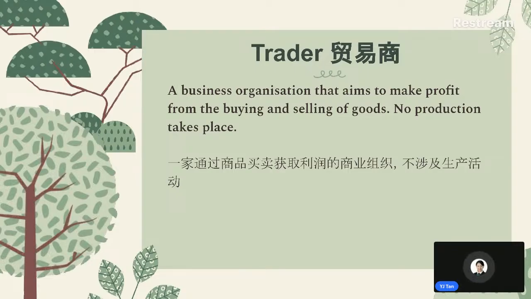Okay, what is a trader? A trader is a business organization that aims to make profit from buying and selling goods. There is no production taking place. For example, if a company purchases a computer for the business's own use, the computer becomes an asset.